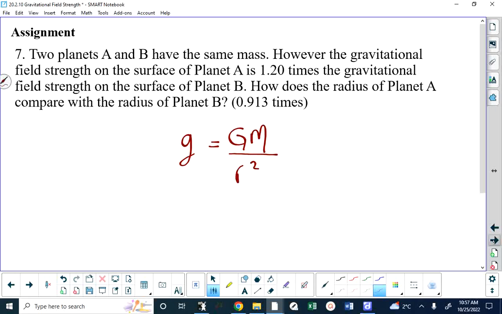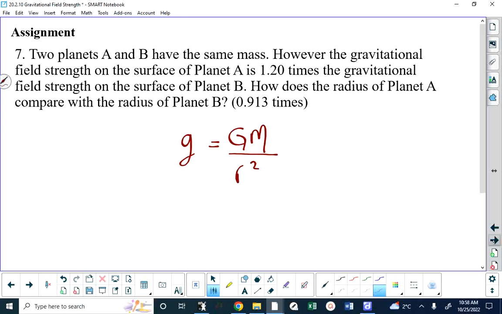I want everybody, and some of you will get to a conclusive answer very quickly here, others will need more time, to look in this formula and identify any of the variables or letters in that formula that do not change when you go from planet A to planet B. So what stays the same when you go from planet A to planet B?